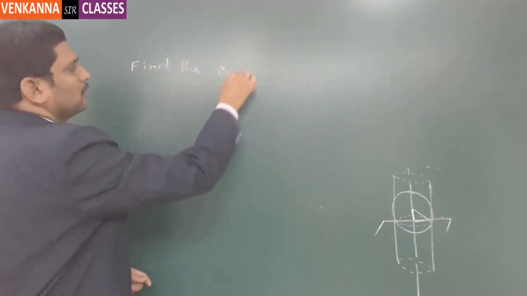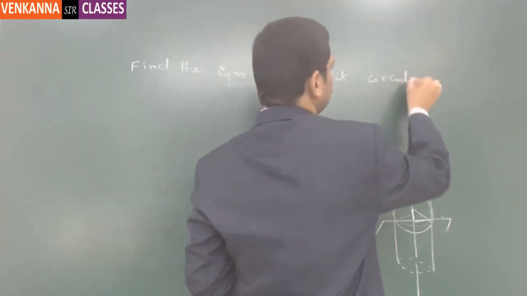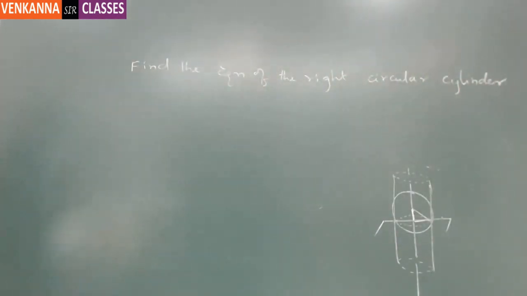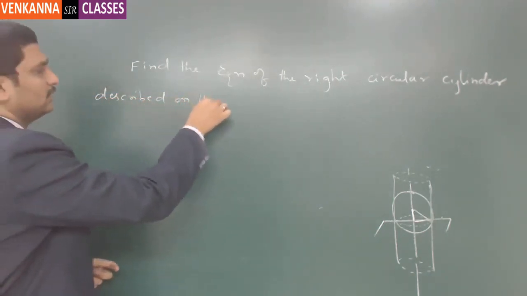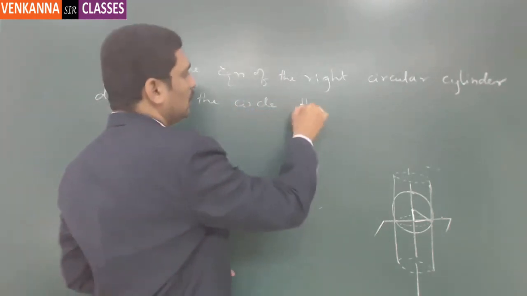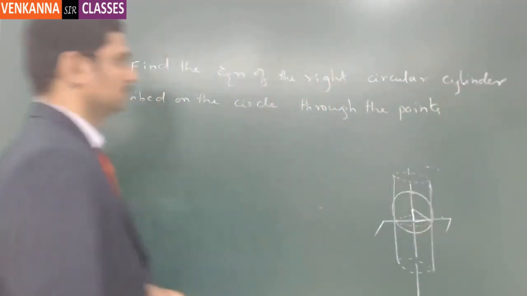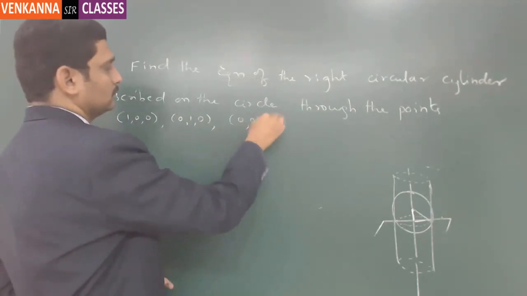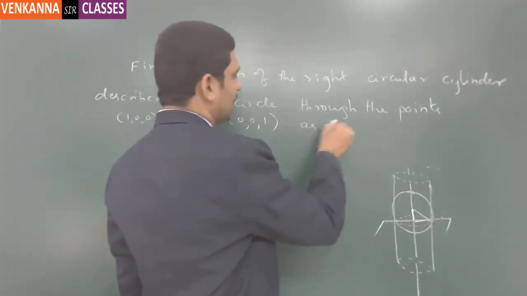Find the equation of the right circular cylinder whose guiding circle is described on the circle through the points as guiding curve.